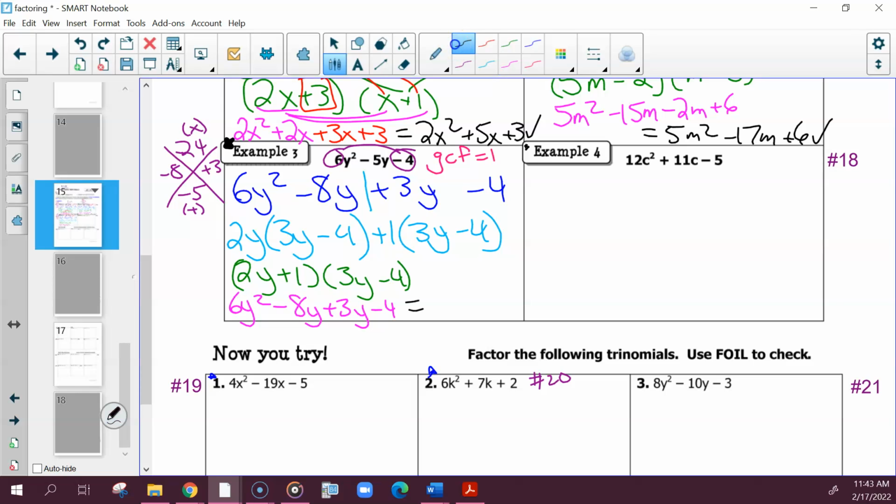Combine your like terms, and you get 6y squared minus 5y minus 4. This is what we have. Do you have any questions?